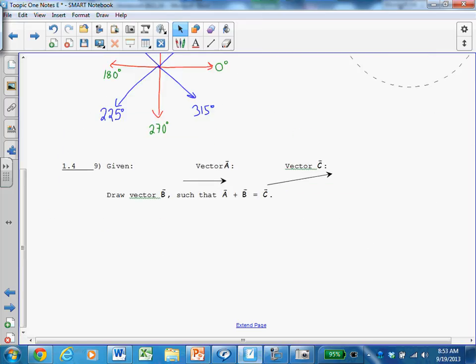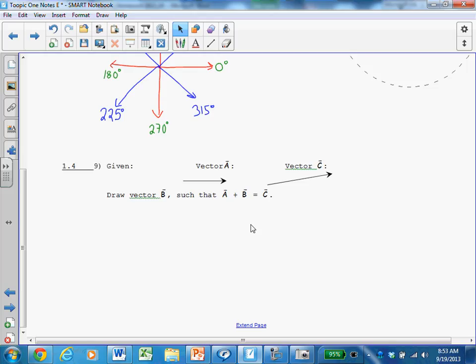We have this one: given vector A and vector C, draw vector B such that vector A plus vector B equals vector C. Now, when you add vectors, how do you arrange them? You take them head to tail, right? The head of the first one to the tail of the next one, okay?